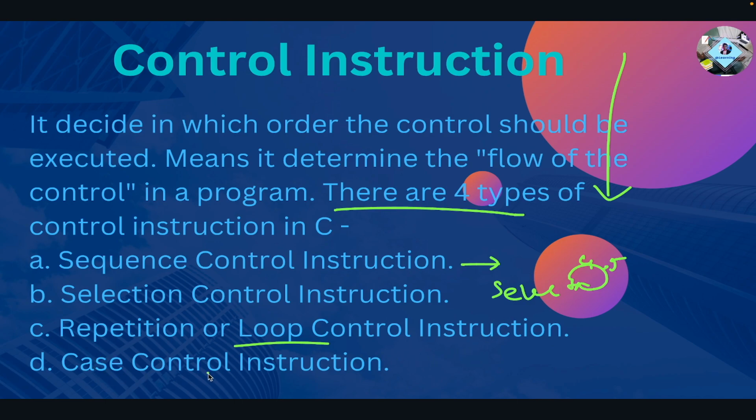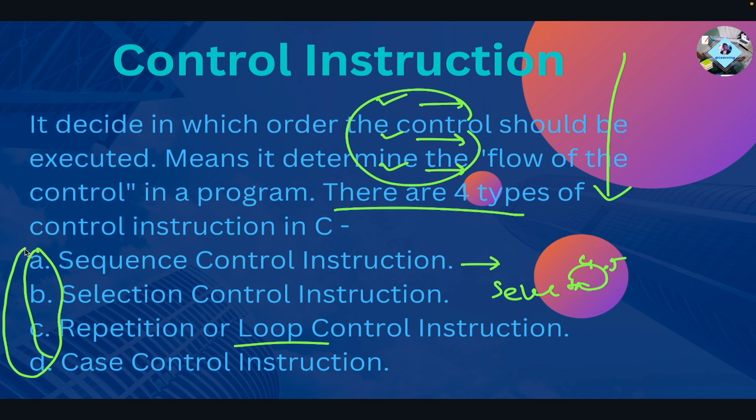And there is a case instruction, which means if this case happens, then this will be executed, and if another case happens, then another thing will be executed. I will discuss all these 4 in detail in the coming video.